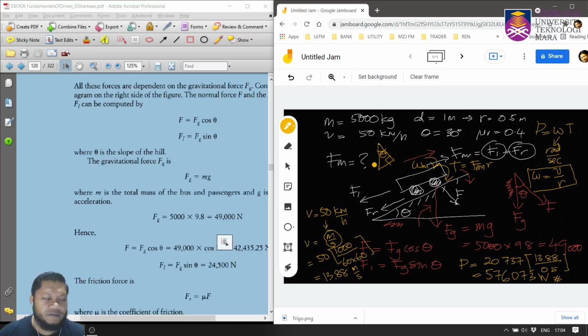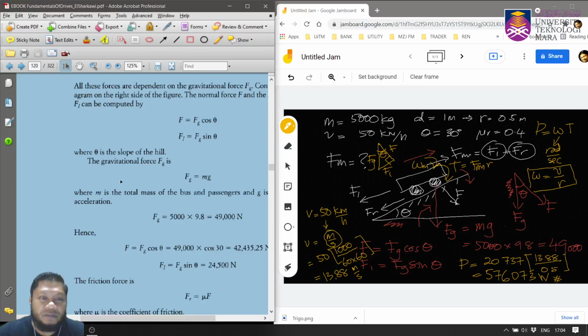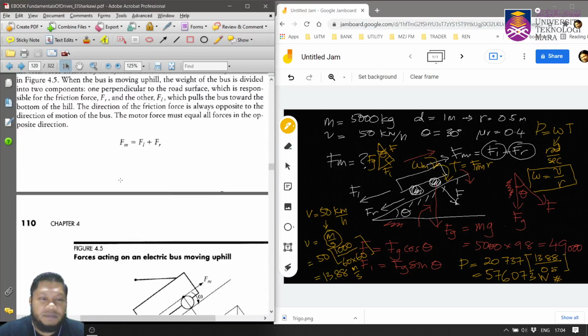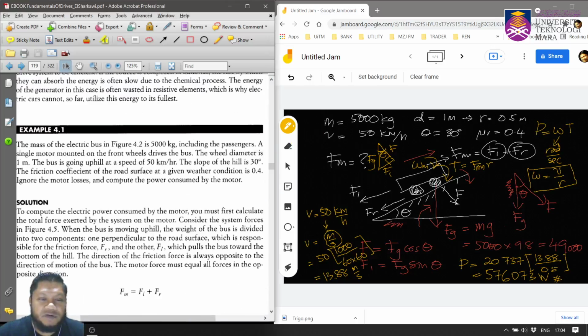Then you have Fg here. This is F, and this is Fl. Okay, so that is why we get this equation Fg cos theta, Fg sin theta, because of this angle here. Okay, so that's example 4.1 from Sharkawi's book, page 109.